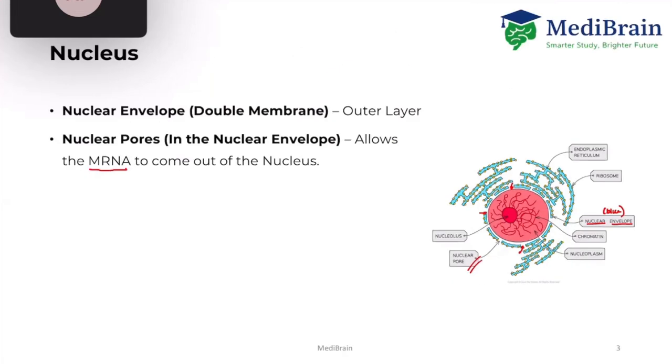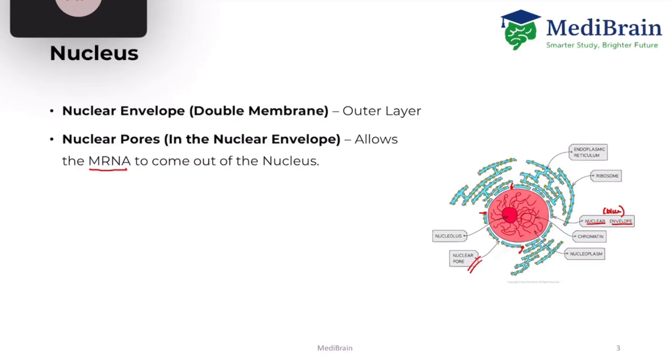The mRNA is very important in protein synthesis. Remember, the proteins are transcribed within the nucleus, and then they are transported out of the nucleus into the cytoplasm, where they attach onto a ribosome to synthesize the proteins. The sequence of amino acids is generated within the nucleus, because the nucleus is the brain of the cell.